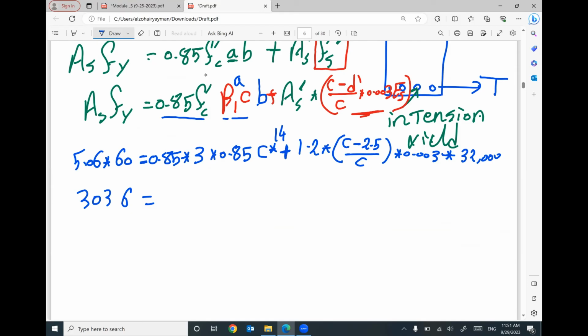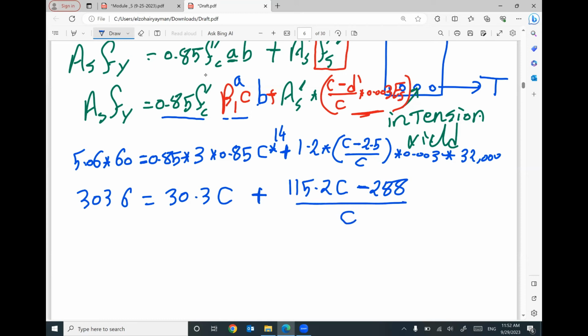I got here 30.3 C plus this one, 1.2 times 0.003 times 32,000. I got 115.2 C minus 1.2 times 2.5 times 0.003 times 32,000. I got 288 divided by C.